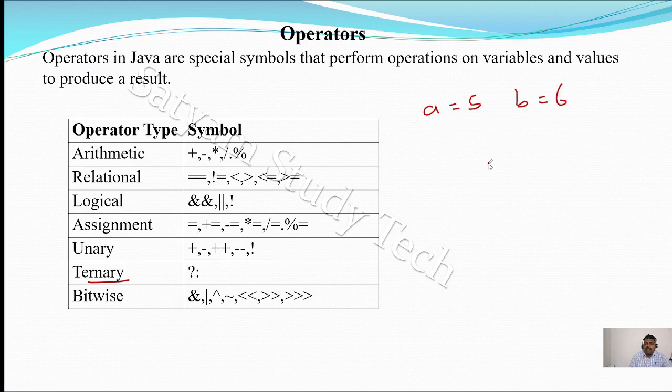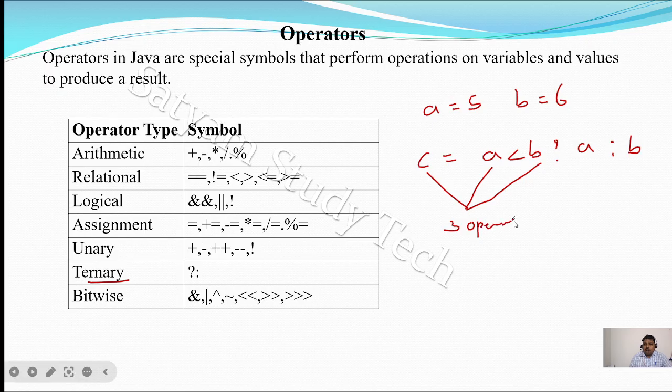If you want to print the minimum value, you can write C equal to A less than B. If it is true, then A is assigned to C. Otherwise, if it is false, B is assigned to C. So this is the ternary operator. Here the operands are C, A and B. So 3 operands, it works on 3 operands.